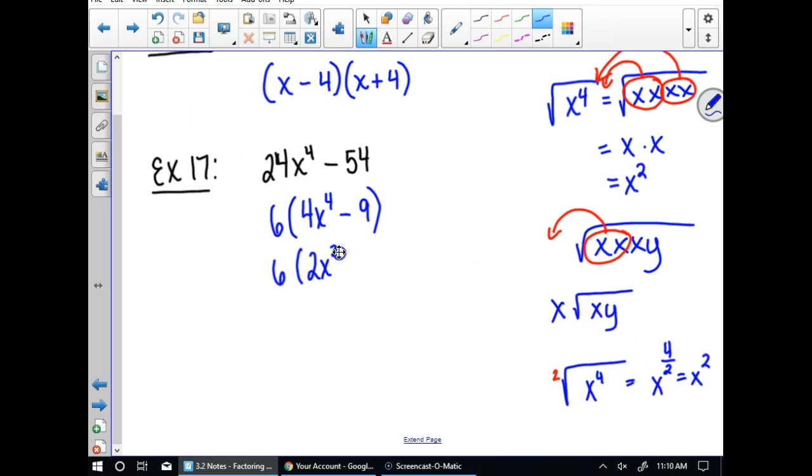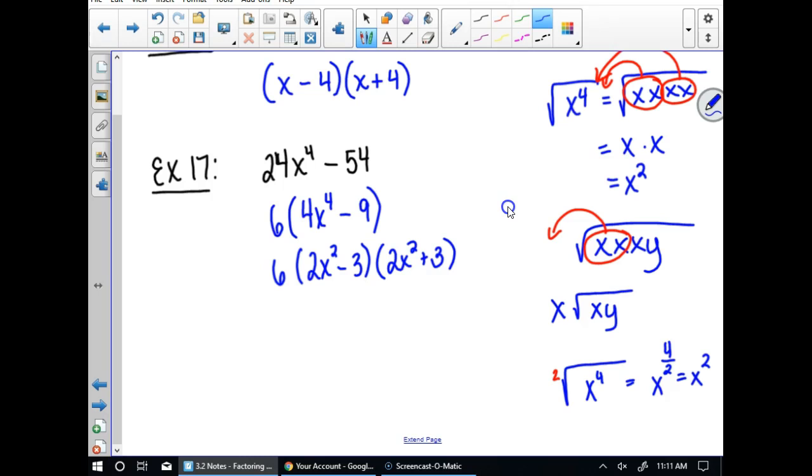Well, I'm not going to focus on it too much because for quadratics we're going to have x squared most of the time. Here, what's the square root of our 9? 3. So we've got minus 3 here, and then we have 2x squared plus 3 here. Now, a few key things for this.